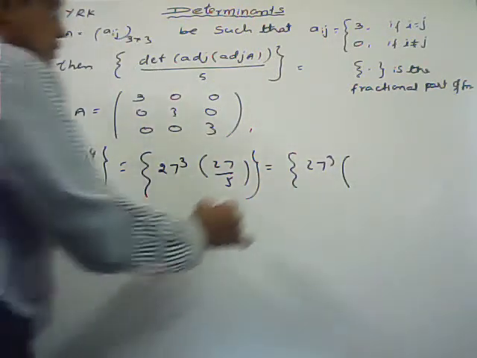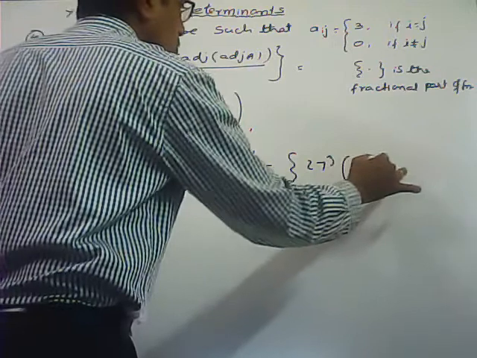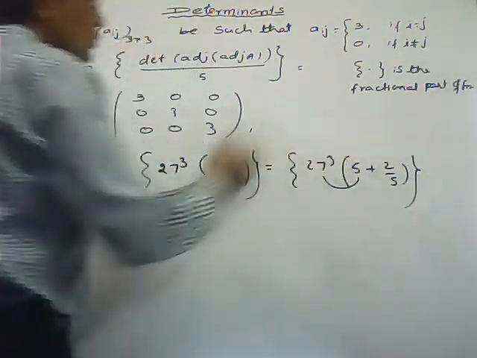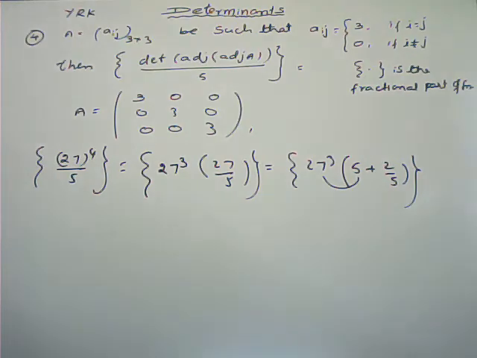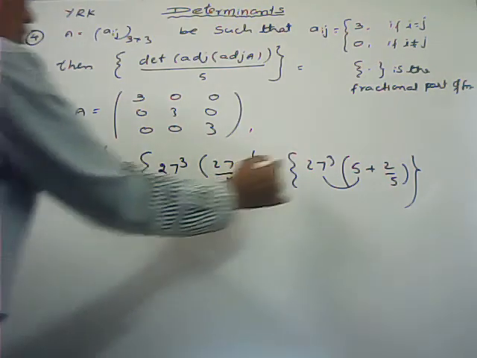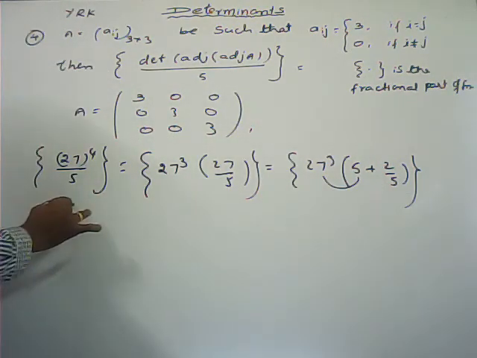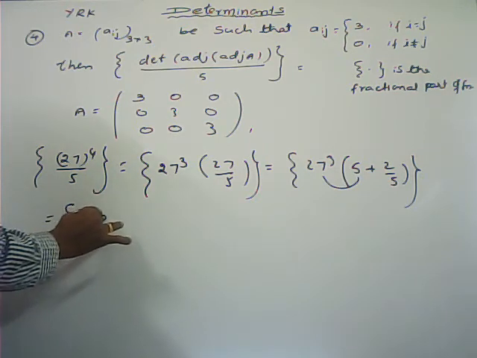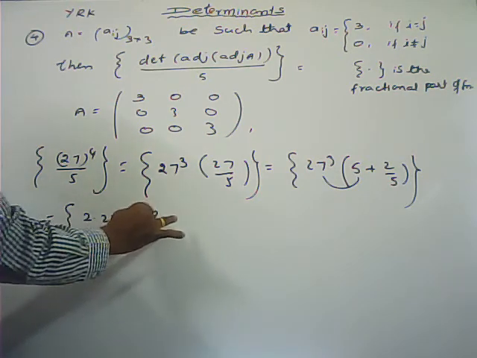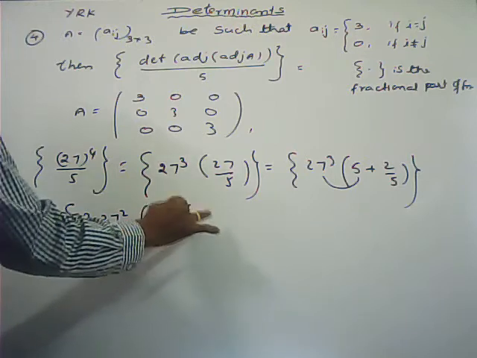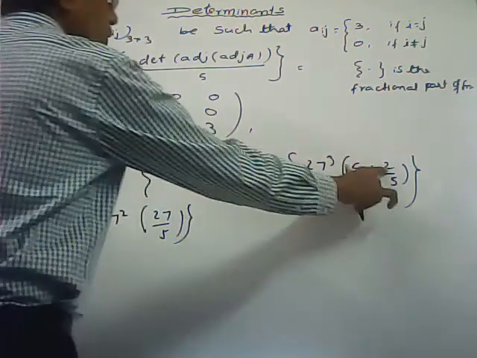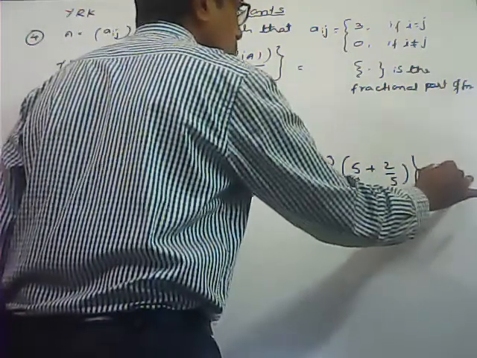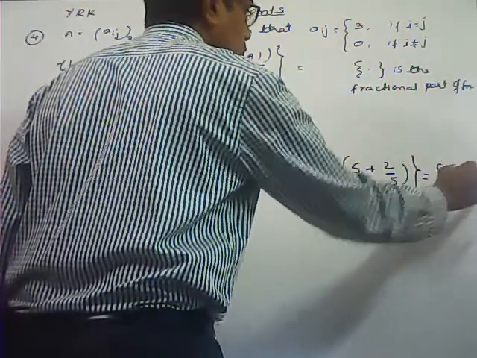How to write that one? 5 fives are 25, 5 plus 2 by 5 we can write. By multiplying these two we can get the integral value. So remove that one. We get the fractional part of 2 into 27 square into 27 by 5, that is 2 into 27 cube by 5.